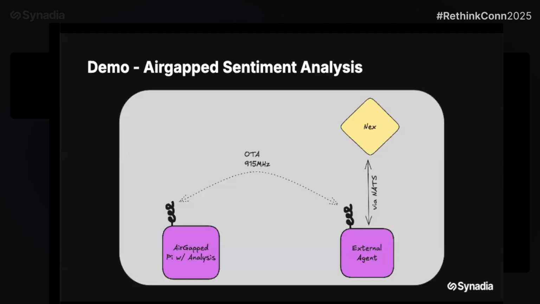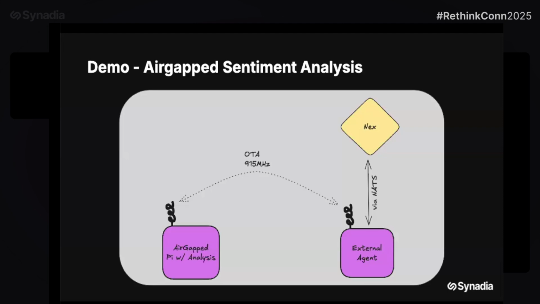Now, this is real fun because, even though it's a little silly, it's fun. We will send a message to the workload. The workload is aware of GPIO on the Raspberry Pi. It will then send the message over 915 megahertz to this Raspberry Pi that I have sitting behind me that is air-gapped, not on the internet, nothing.